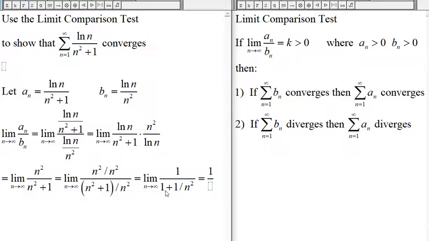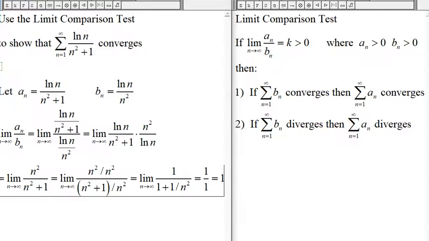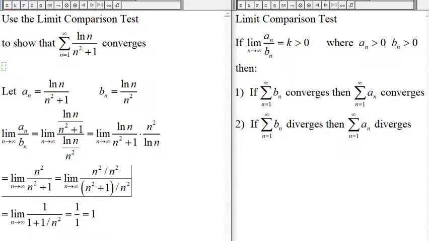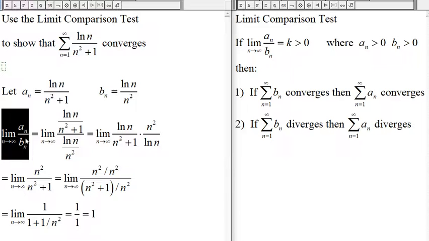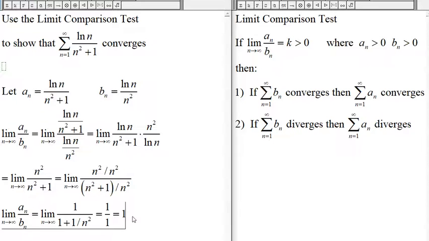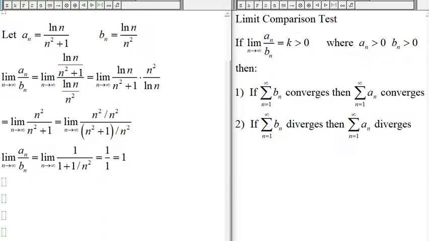And this will be 1, and this will be 0, because 1 divided by infinity is 0, so we get 1. So this is equal to 1. And therefore we have shown that the limit of a sub n divided by b sub n is equal to 1.